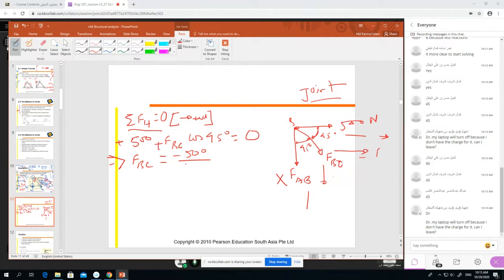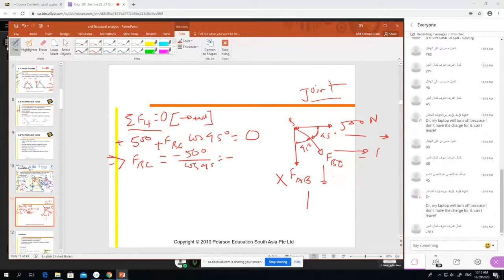It will be minus 500 divided by cos 45-degree. What is the result? Tell me. Quickly, please. Minus 707, right?